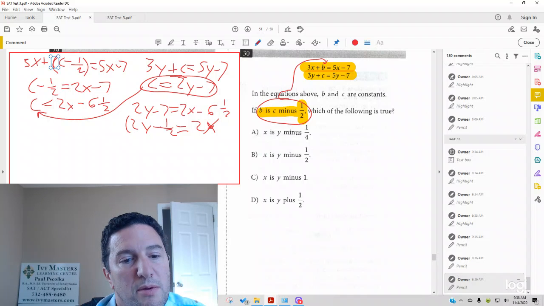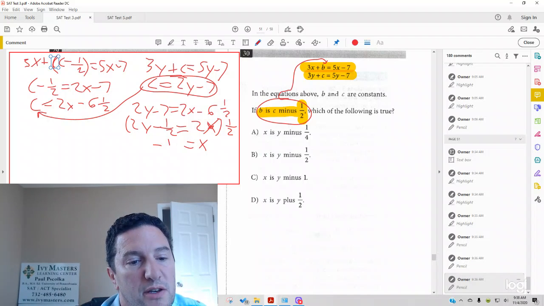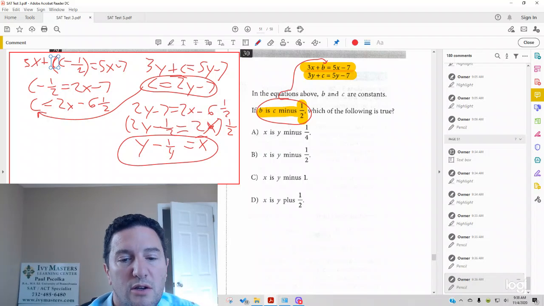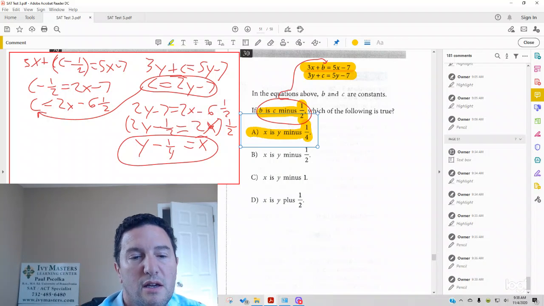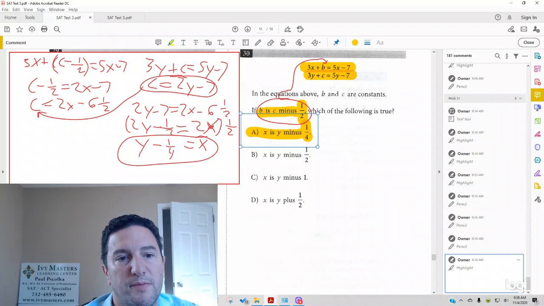So maybe an easier way to think of it is multiplying the whole equation by 1/2. And if you multiply it by 1/2, what you get is x equals y minus 1/4, and you have your answer A, and that is your correct answer.